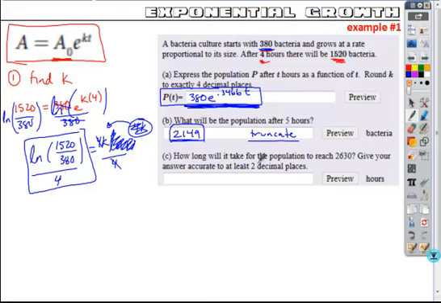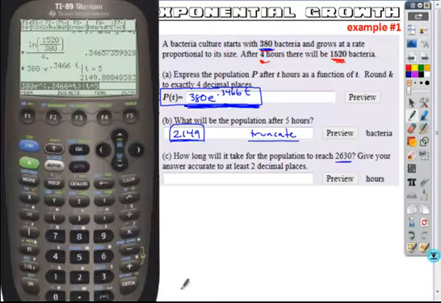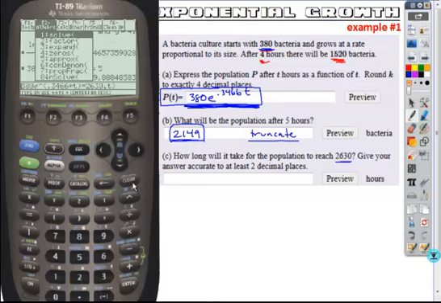Okay, and then the last part to this is what value of t will give you a population of 2630. Again, this one asks you to round to 2 decimal places. So if I come back in here and take the equation that I set up and set that whole thing equal to 2630 and solve for t, I can go to the front of this and use the solve feature here.